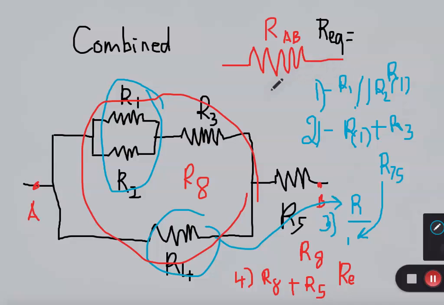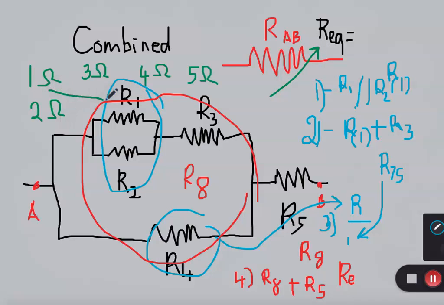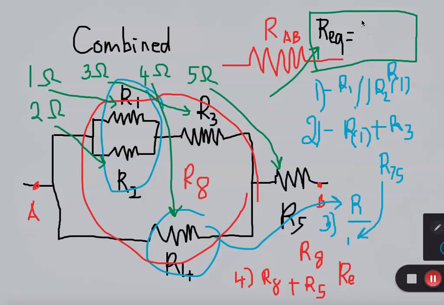So let's say R1 is 1 ohm, R2 is 2 ohms, R3 is 3 ohms, R4 is 4 ohms, and R5 is 5 ohms. Do your calculation, then match it with the result I have here. The answer I got here is 7 ohms, as your final answer for all of these.